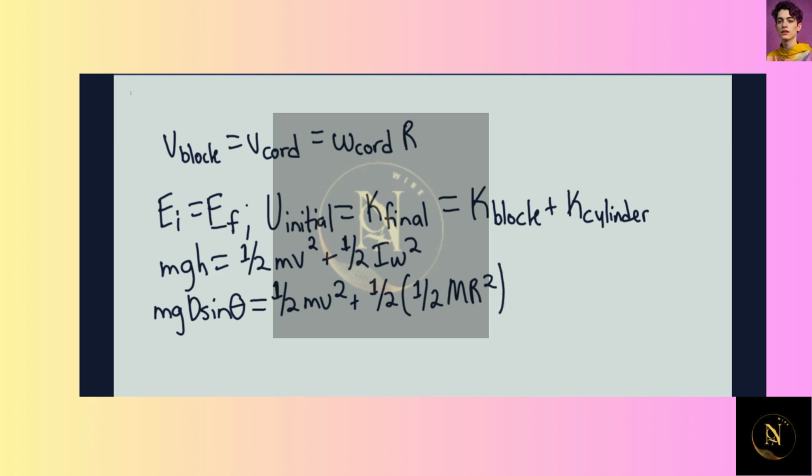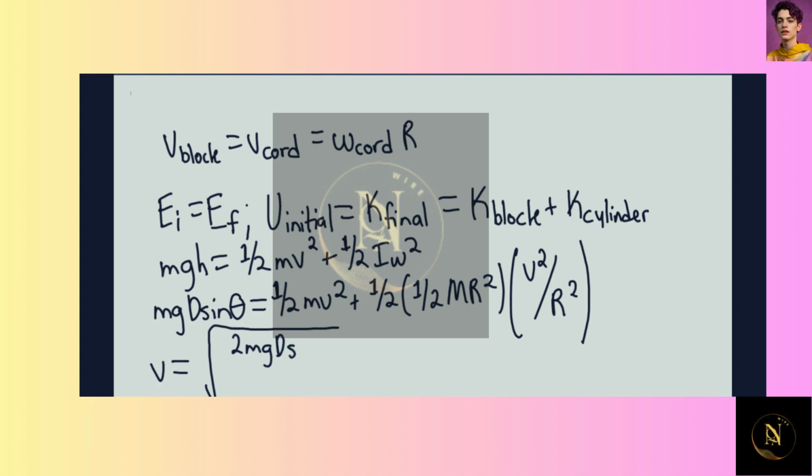This would simply be the formula for the moment of inertia for a cylinder, and then multiplied by v squared over r squared, if the block isn't slipping, we can make this assumption. And so v is going to be equal to the square root of 2mgd sine of theta divided by m plus 1/2 M.